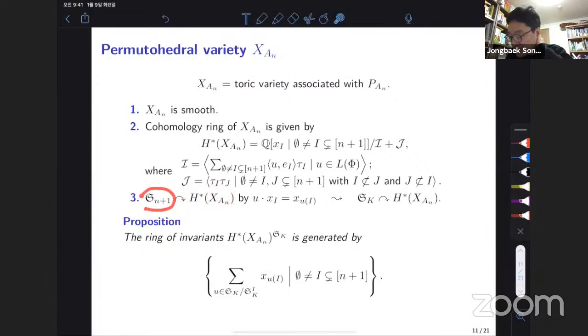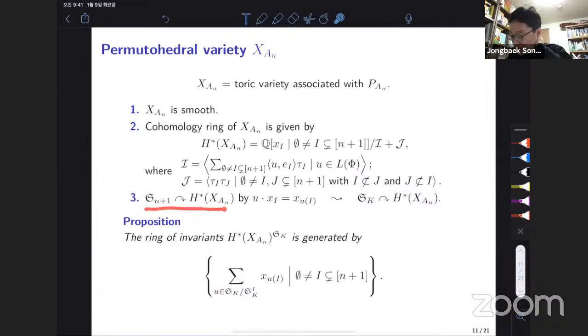Since we have this symmetric group action on the cohomology, we can define a parabolic subgroup action on it as well. Today I want to look at the ring of invariants. One important proposition is that this ring of invariants is generated by these elements, which are nothing but the orbit summations of the orbit elements.